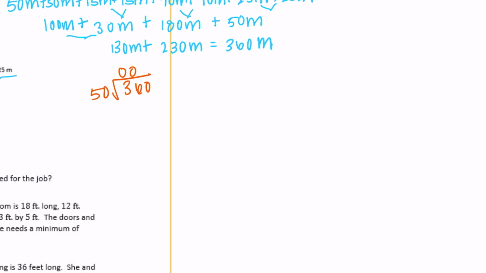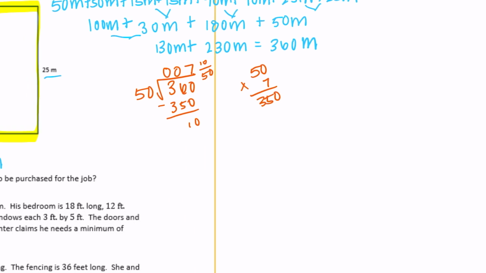Let's see, let's try 50 times 7 would be 350. So it can go in 7 times with 10 left over. And 10, so 7 and 10/50ths or 7 and 1/5. We would need 7 and 1/5 rolls.